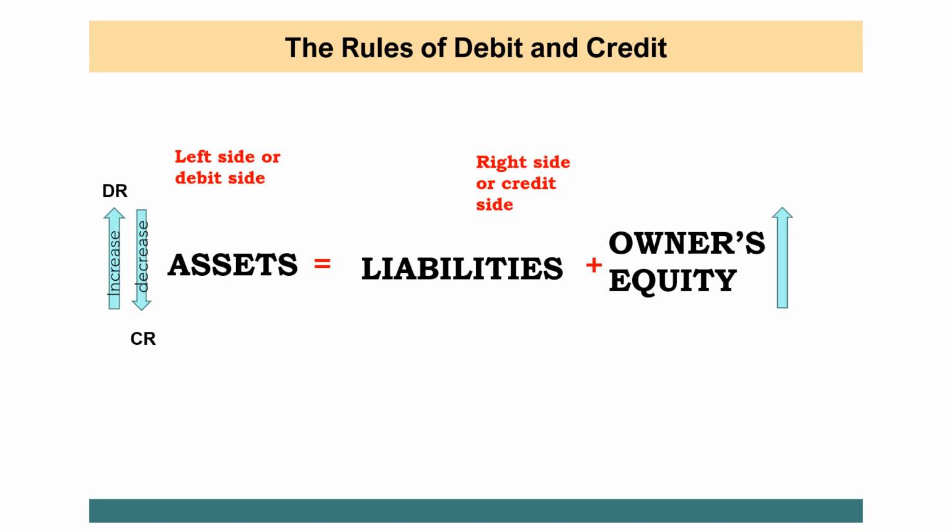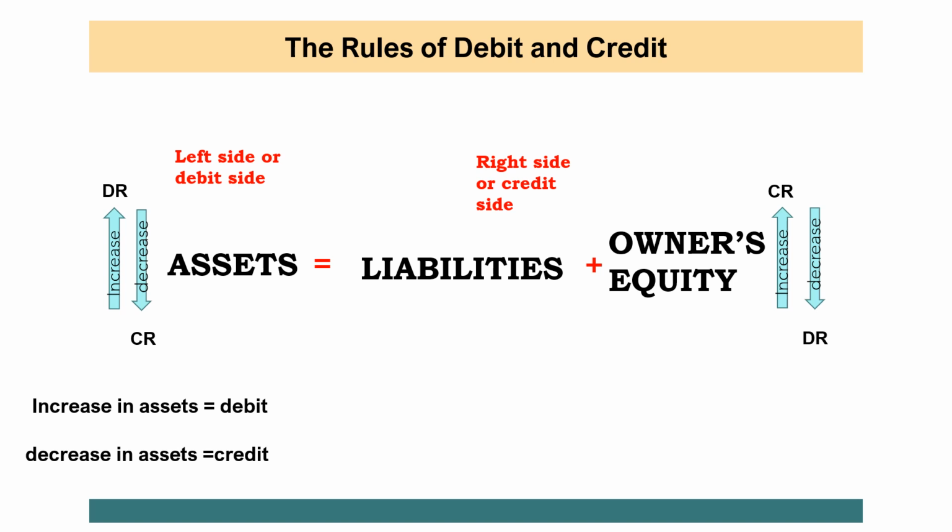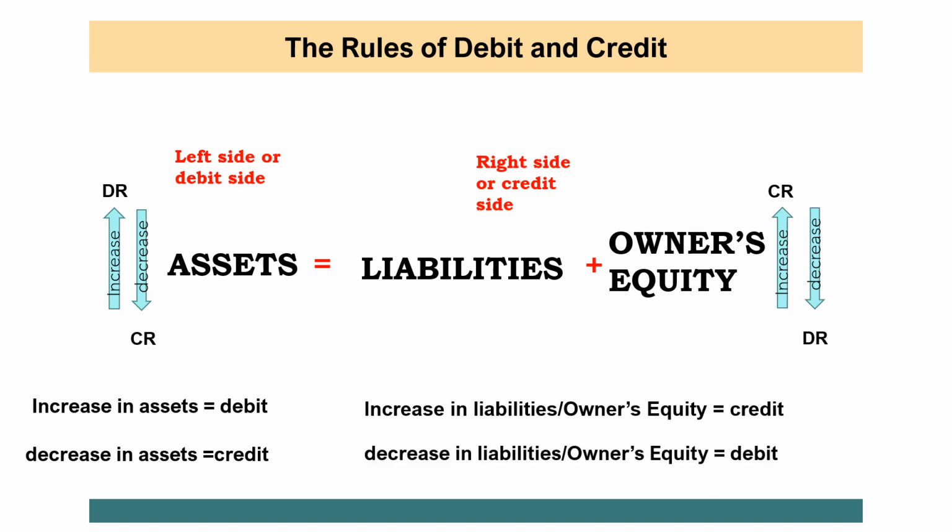Liabilities and owner's equity are found on the right side, or credit side, and that's their normal balance, so in order to increase them, you have to credit these elements. How about when you decrease liabilities and owner's equity? You will have to debit these elements. So in short, an increase in assets means debit. A decrease in assets means credit. An increase in liabilities or owner's equity, you credit. And a decrease in liabilities or owner's equity, you debit.